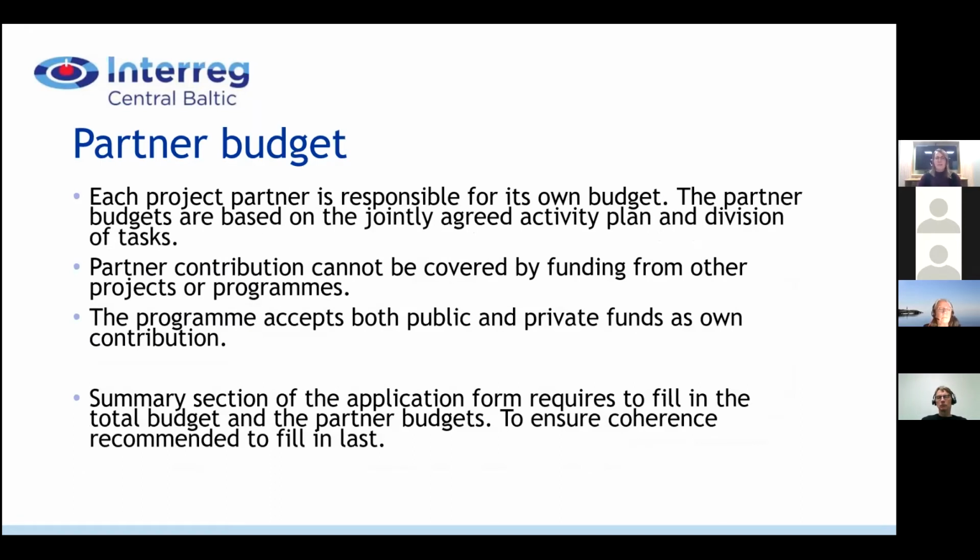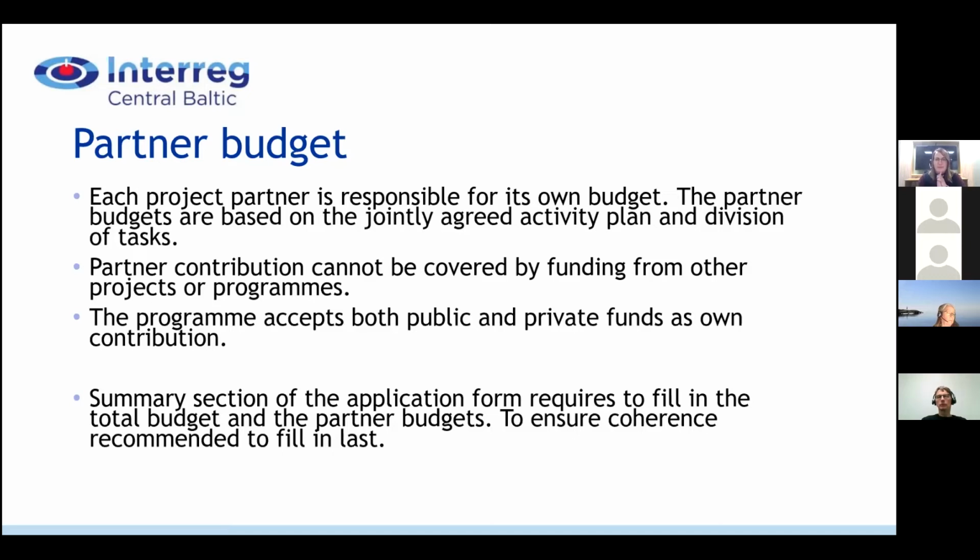Partners are responsible for their own budgets, and of course the lead partner is coordinating and has more responsibility towards the whole partnership and the joint secretariat and managing authority. But generally, these are the rules.